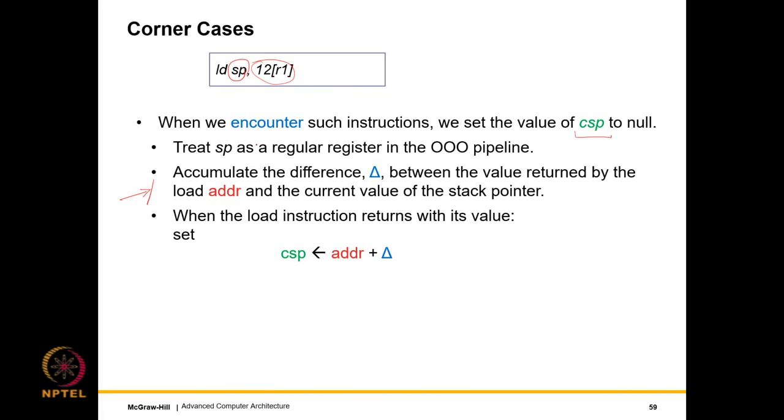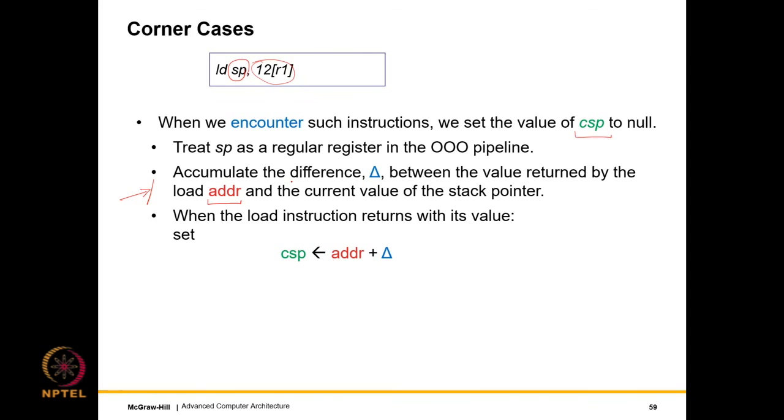Let us say that the load instruction here will return a value which we call ADDR. ADDR primarily signifies that what we are reading from 12R1 is actually a memory address, where stack pointers are supposed to store memory addresses. So let us name our temporary variable ADDR.